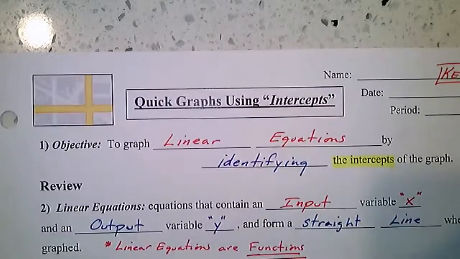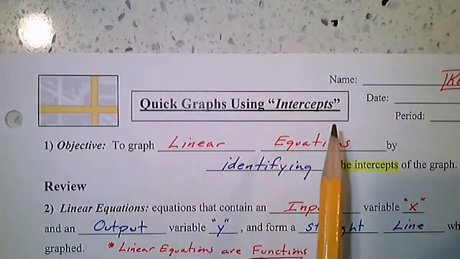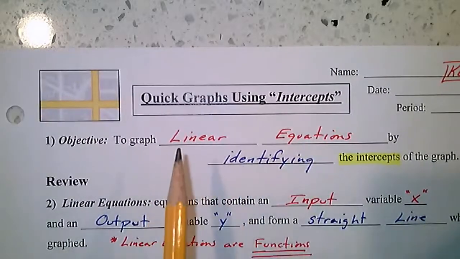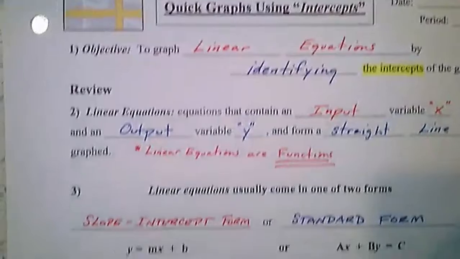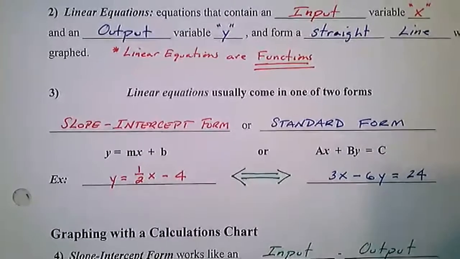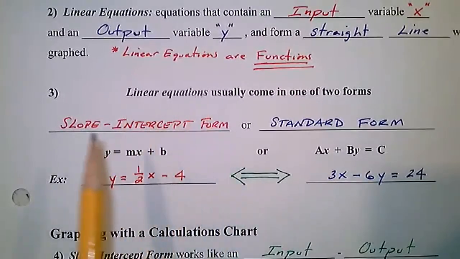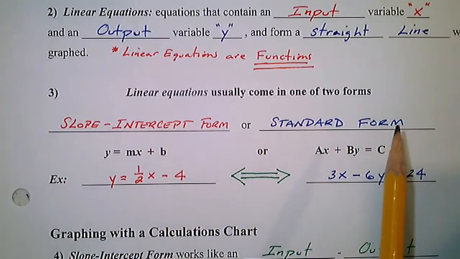All right, so we're using these notes, quick graphs using intercepts. What we're trying to do is graph linear equations. We want to be able to identify the intercepts. So in our last lesson, I talked with you about how linear equations will show up in two formats, slope-intercept form or standard form.